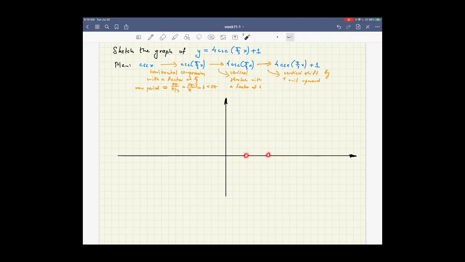Let's keep it that way. So vertical asymptotes will be at 0, at pi and negative pi, at 2 pi and negative 2 pi, and so on.